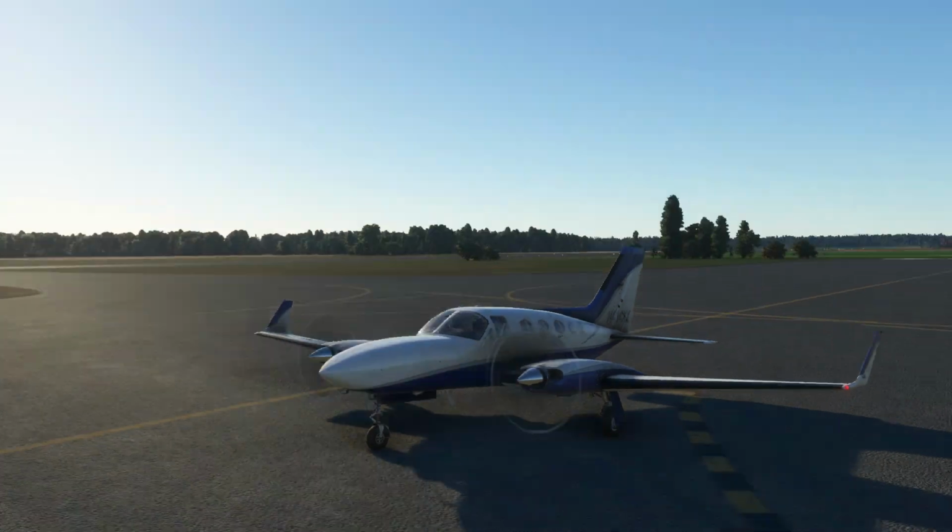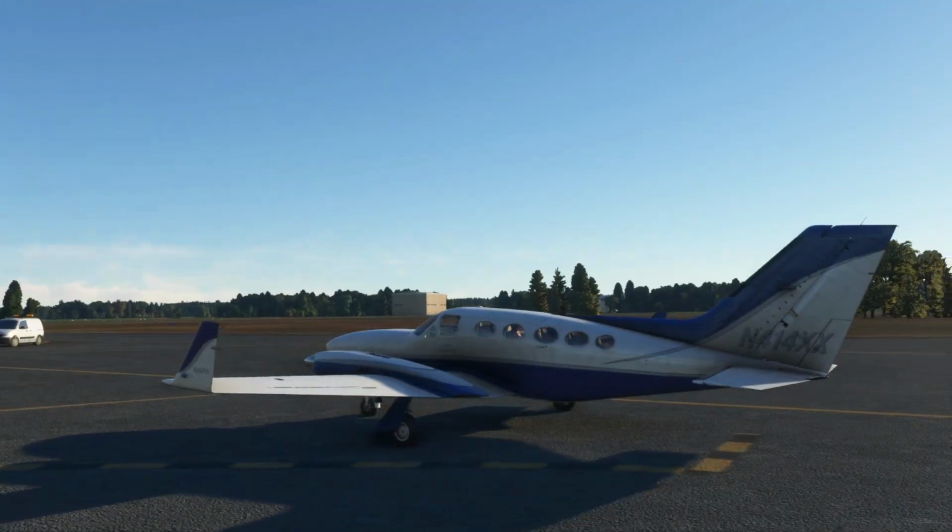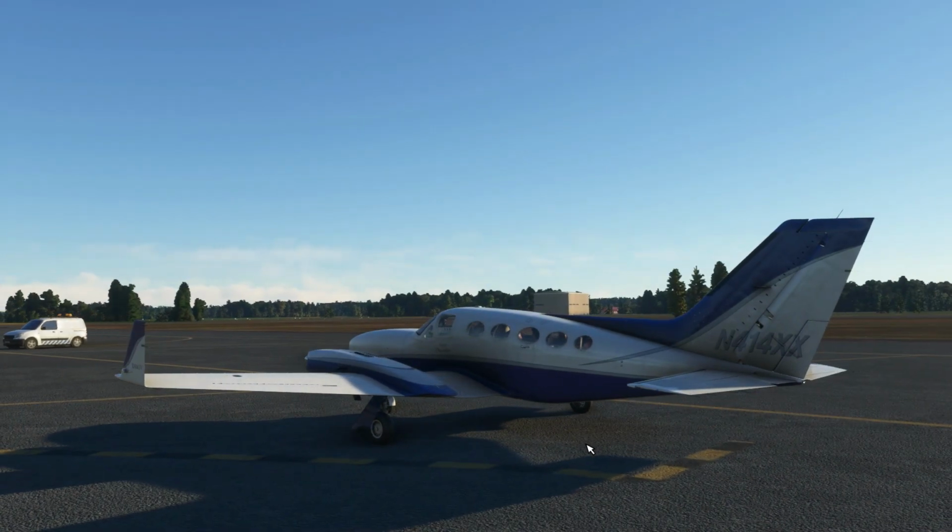Check out the aircraft again. Let's check flight controls. Try to keep this centered so that we don't have a problem when we take off. Okay, that's the rudder and the ailerons.